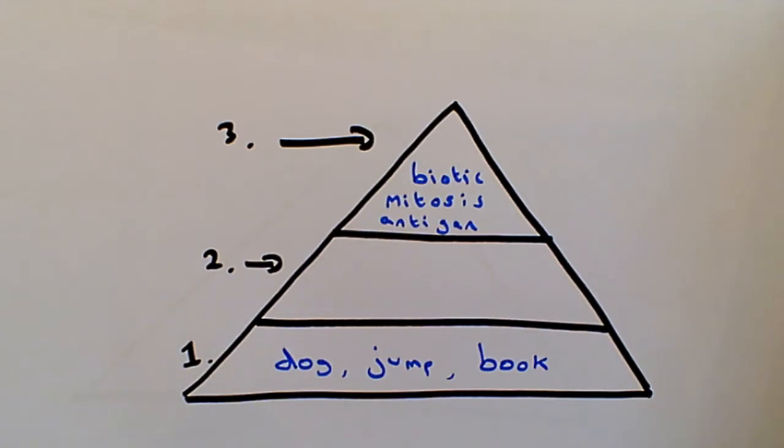Now, within this second tier, there are also a lot of words that are used in learning, again, across different subjects, words like estimate, interpret, contrast. So I'll write those here.